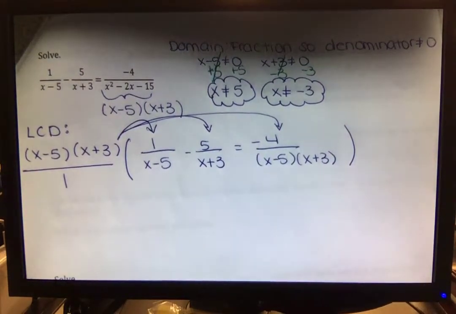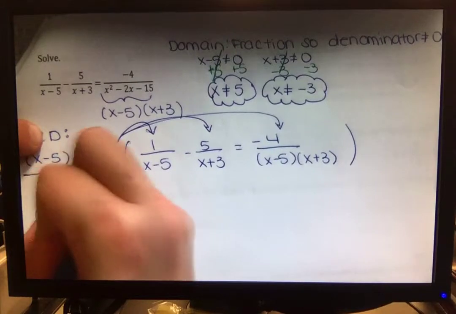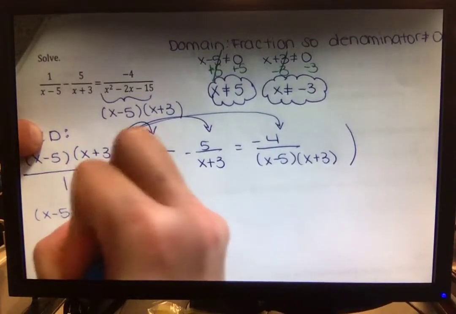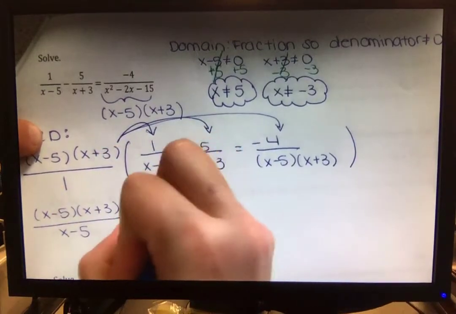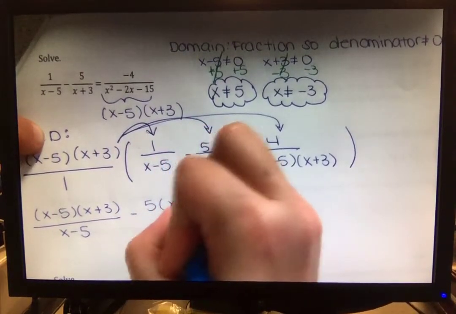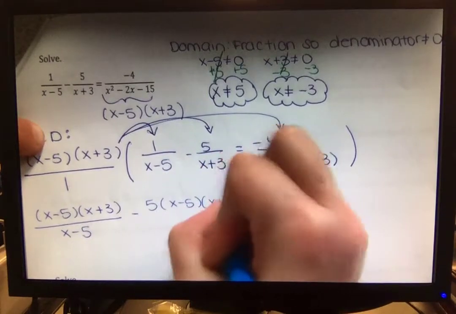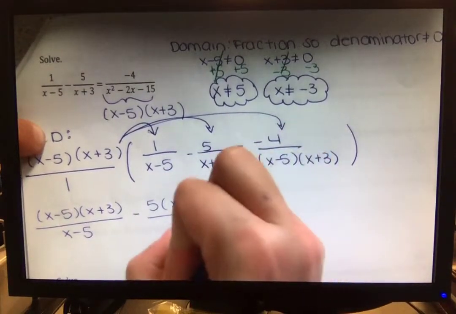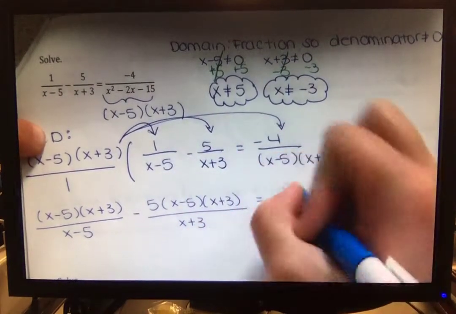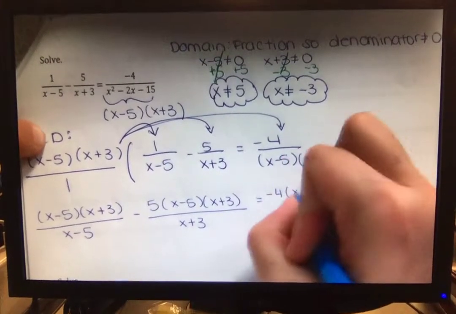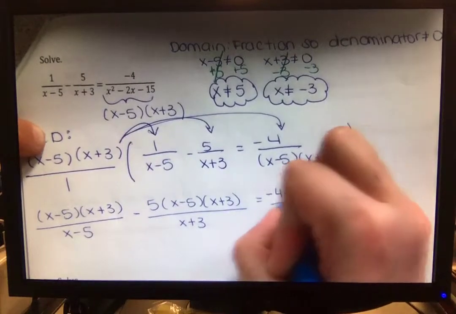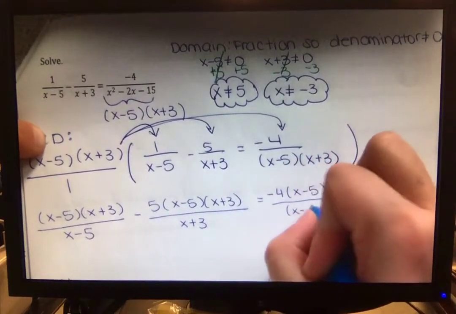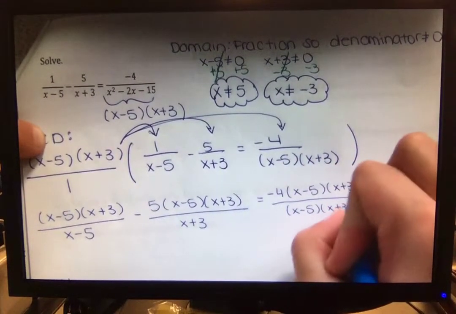We're multiplying fractions, so we multiply straight across. So 1 times x minus 5, x plus 3, all over 1 times x minus 5, minus 5 times x minus 5 times x plus 3, all over x plus 3, equals negative 4 times x minus 5, x plus 3, all over x minus 5, x plus 3.